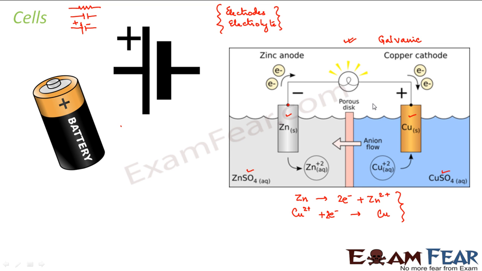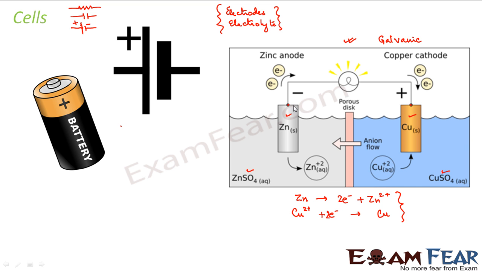If we join this zinc electrode and the copper electrode with a conducting wire, then the electrons lost by zinc will travel through this wire and reach the copper electrode. So some electrons become available at this end. The copper ion will become extremely happy to see those free electrons. It will quickly come and grab those electrons and become copper.